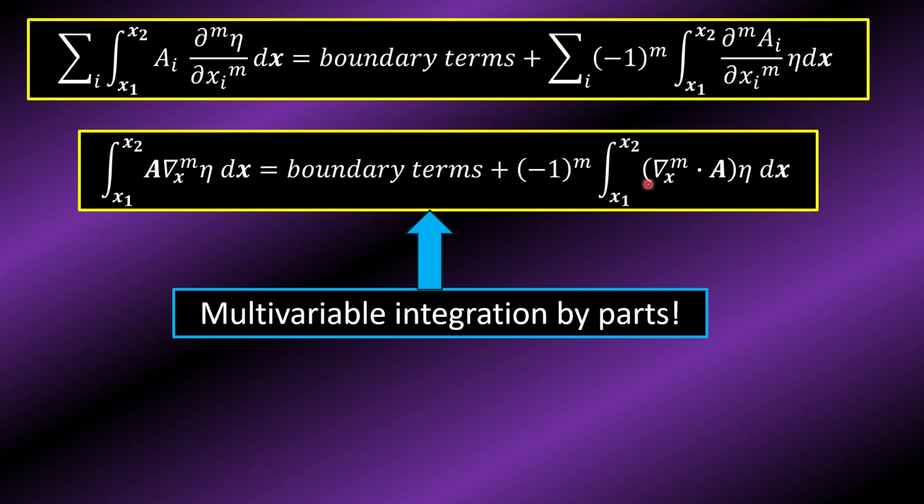That's del dot a. So what we've done here is that we derived the multivariable integration by parts, and this is a very powerful concept. It's just the dot product between these two vectors is equal to the divergence of that stuff right there.